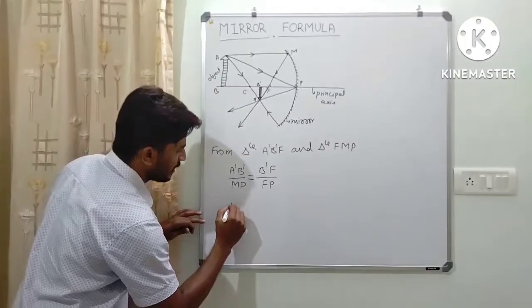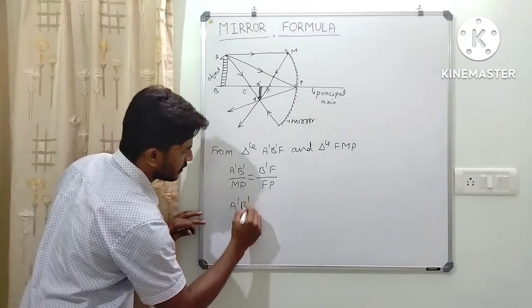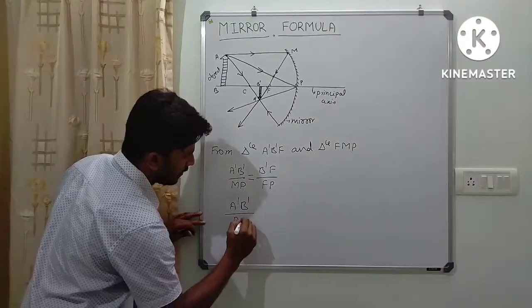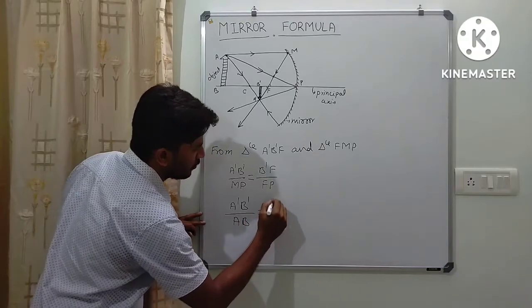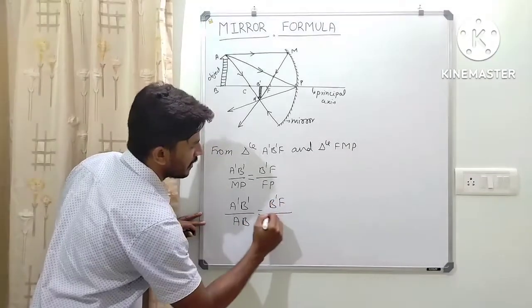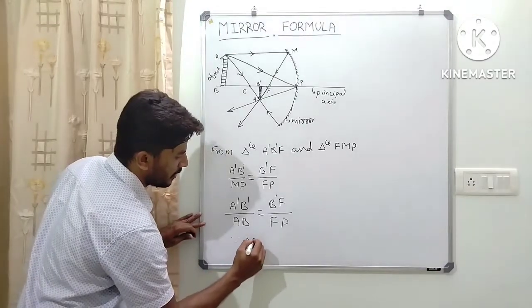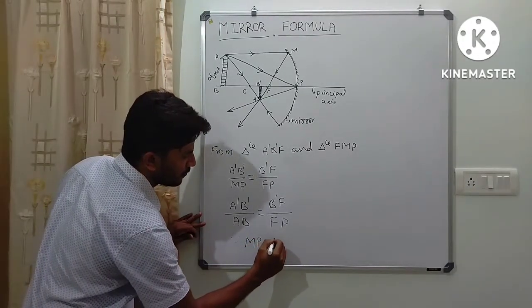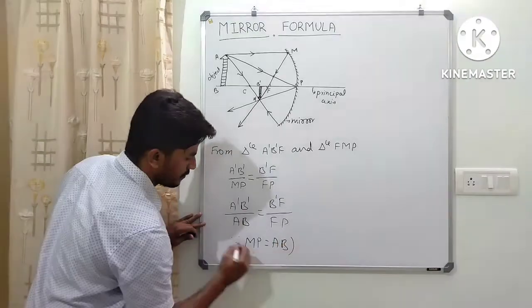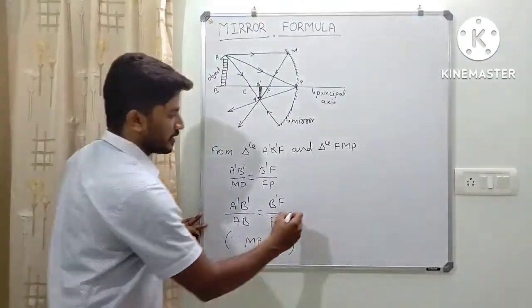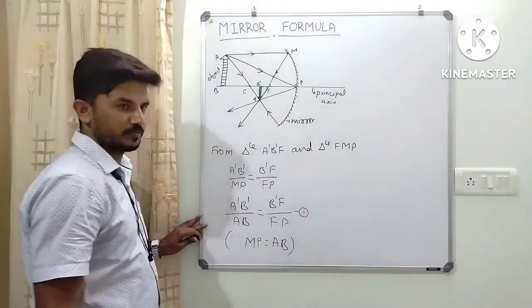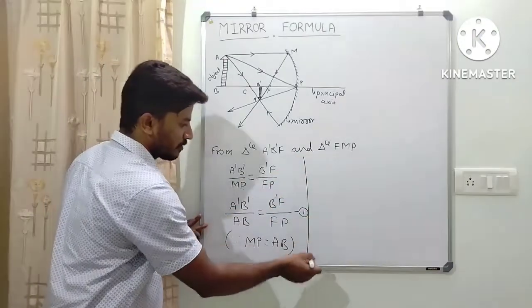So I will write like this: A dash B dash divided by AB is equal to B dash F divided by FP, since MP is equal to AB. Let us consider this as equation number 1.